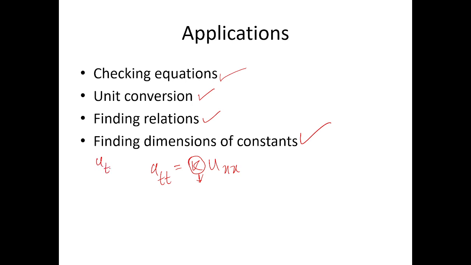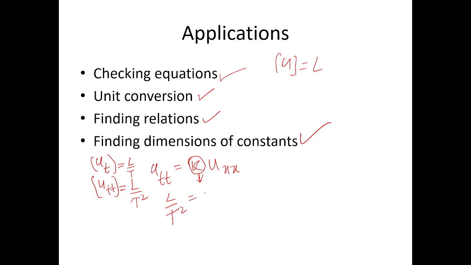The dimension of u is L, and when we differentiate with respect to time, partial u partial t, that is L over t, and another t gives u_tt, whose dimension is L over t square. So on the left side we have this dimension.